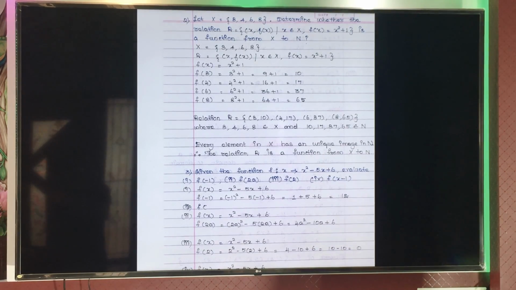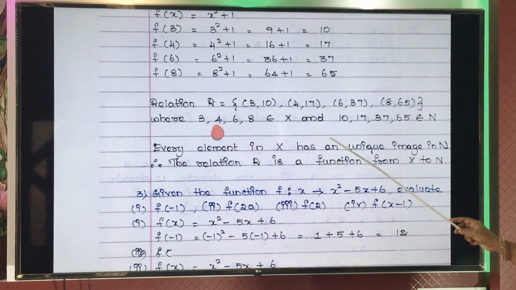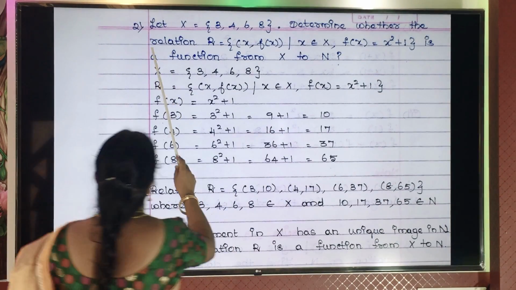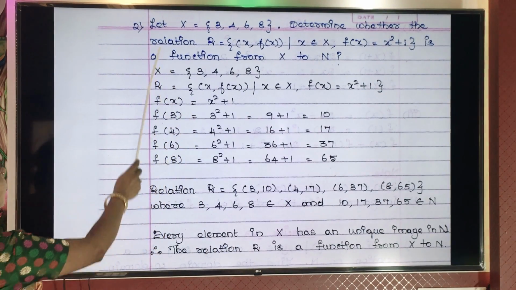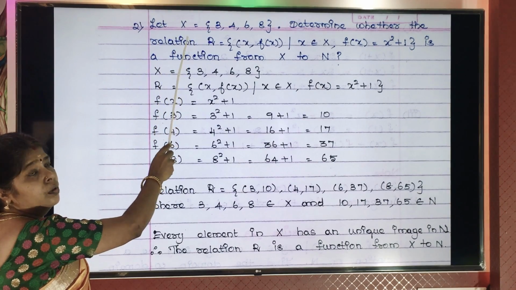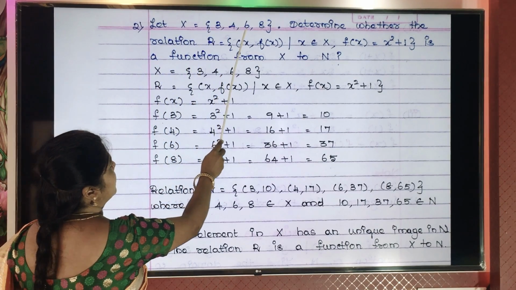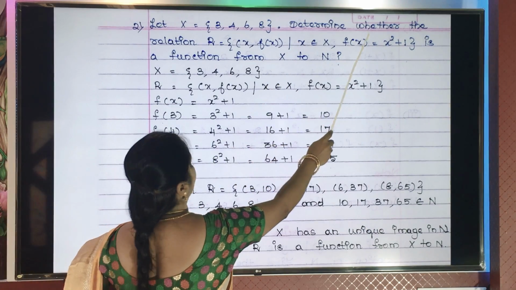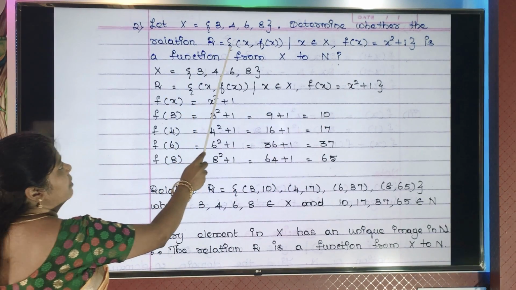Question number 2. See, let X equal 3, 4, 6, 8. This is the set of elements belonging to set X. Determine whether the relation R, they have given a relation.